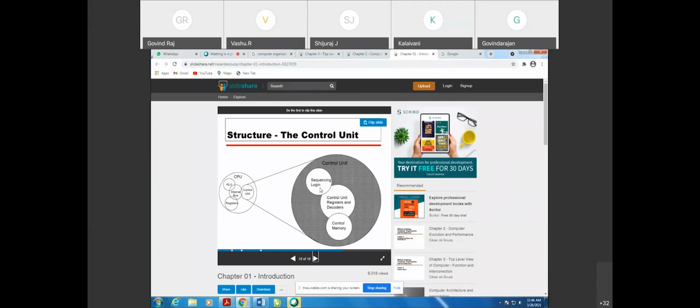So the sequential logic sends the next address after one address. It goes to the program counter. We will discuss later how the address is transferred and how it fetches the next instruction. The sequential logic will do that. Once one instruction is finished, it keeps going to the next.